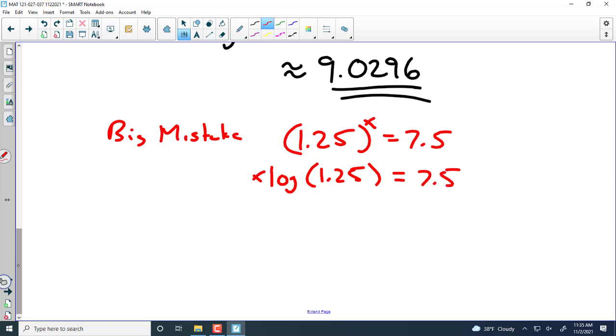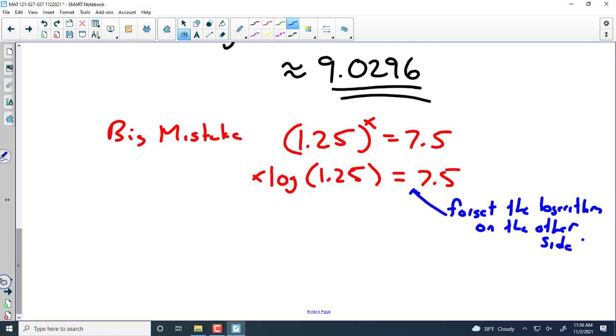Because they don't think that they need to do it on both sides because they only needed to get the power down on the left, so they accidentally don't take it to both sides. So I see this all the time where they forget the logarithm on the other side. It's a very common error on these problems. Because you know you need it on the left-hand side to get the x down, and then you just forget to do it on the right-hand side.